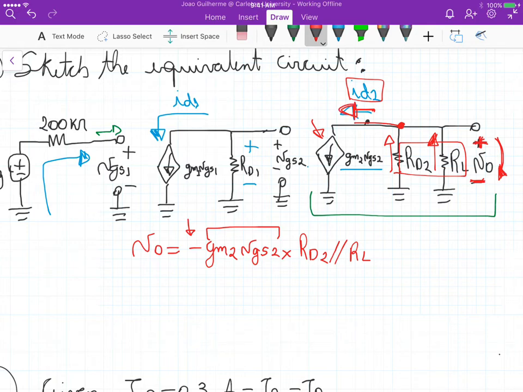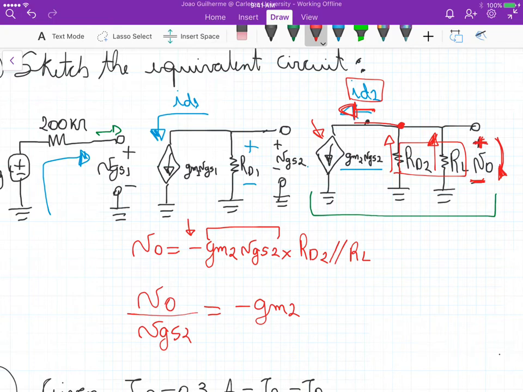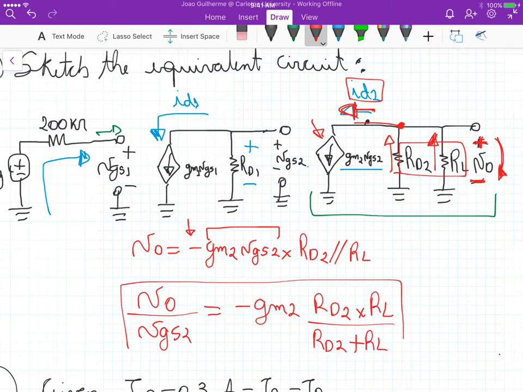So from this part here we can isolate V naught over VGS2, and this is equal to minus GM2 times RD2 times RL divided by RD2 plus RL. And that's the equation for V naught over VGS2.